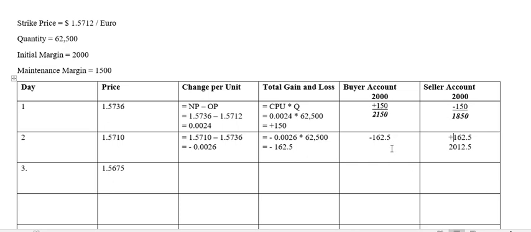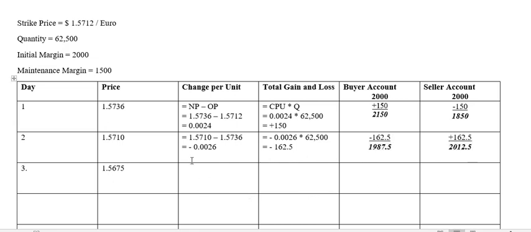My mistake, sorry, it was a positive sign for the seller. I will underline whatever the change is and I will bold the balance so that it's visible.